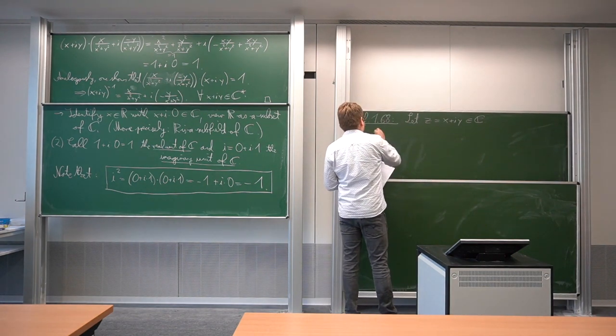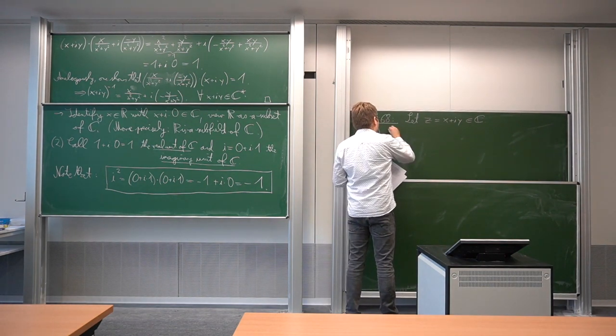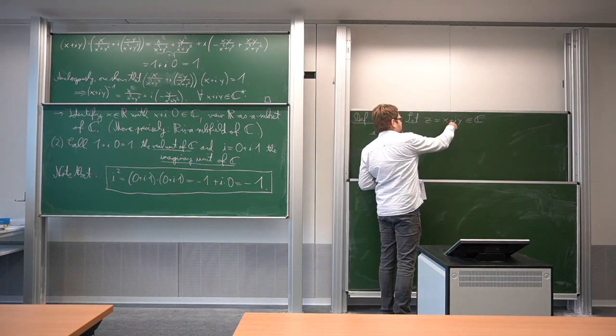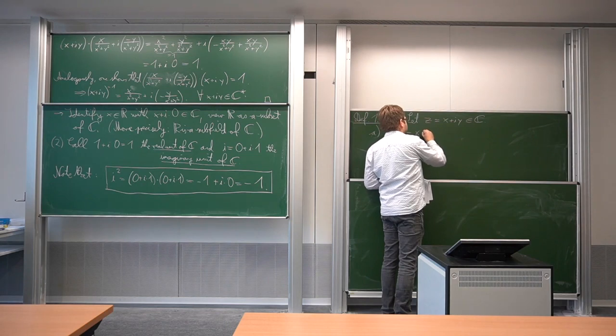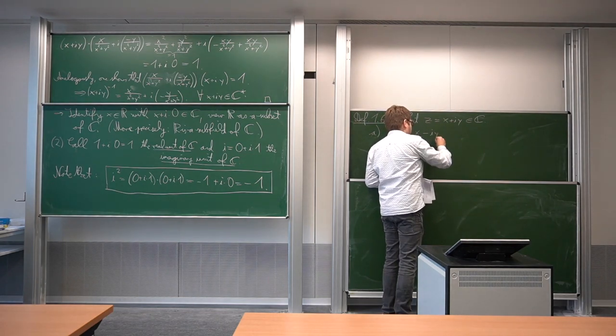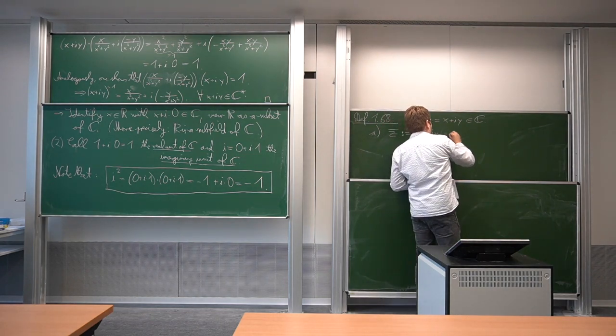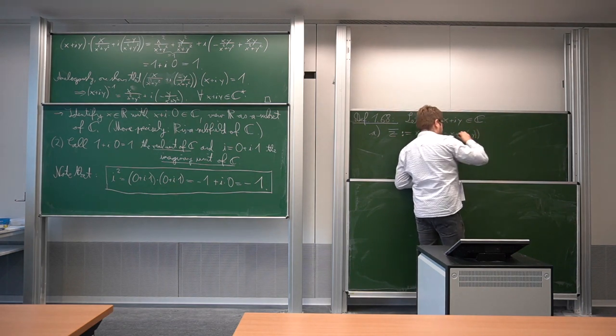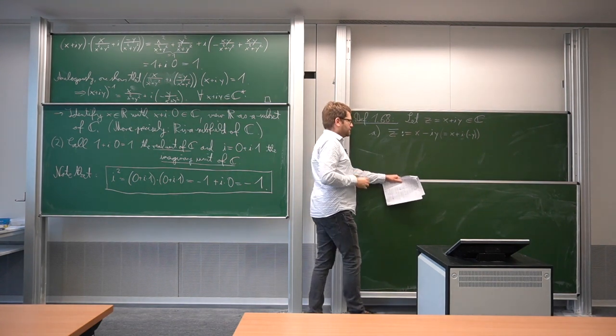Then we define the following. The number z bar, with a bar on top of it, is defined as x minus iy. So just to be precise, this is x plus i times minus y, if you want to be 100% elementary with the notation.